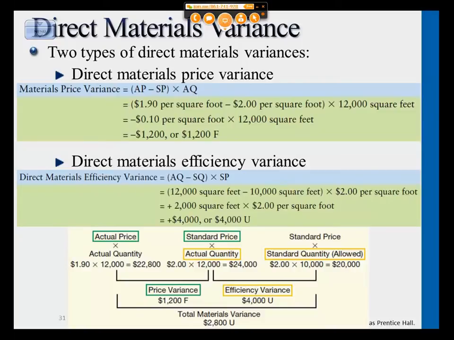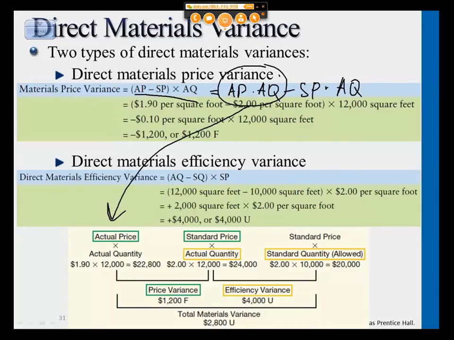Note, it's the same thing, just written out as AP, AQ minus SP, AQ. So this part is here, and this part is right here, and it's just the difference of the two. The difference of my actual price, actual quantity and standard price, actual quantity is going to give me this price variance of 1,200.